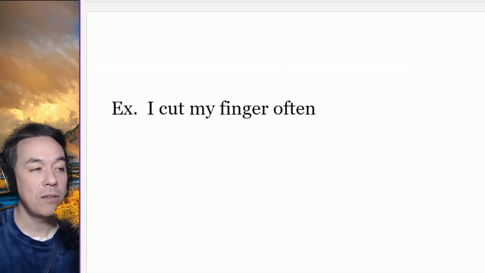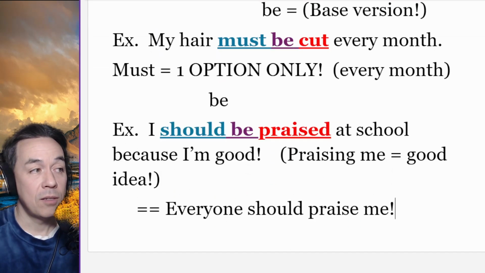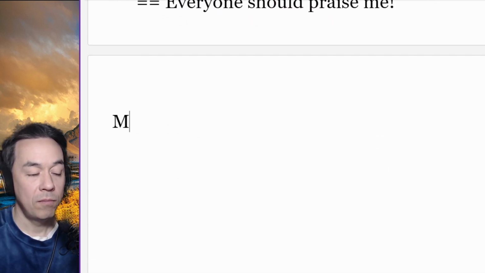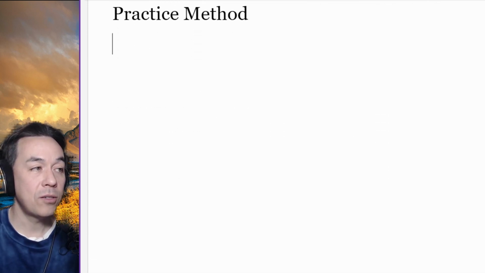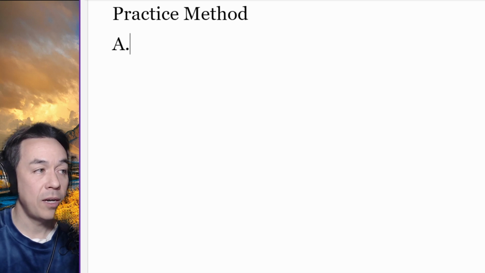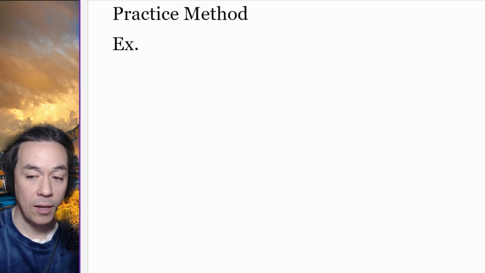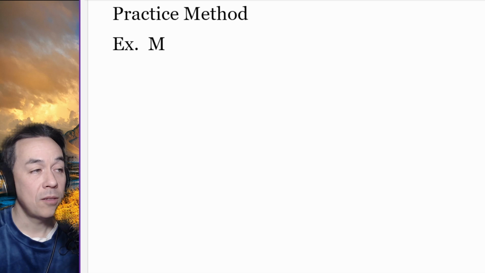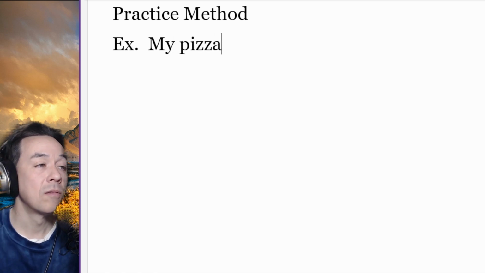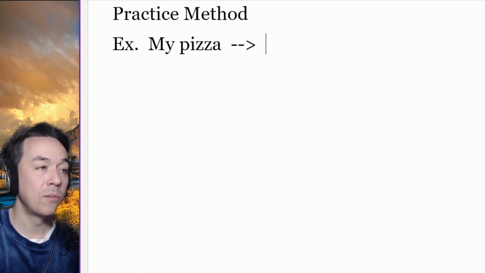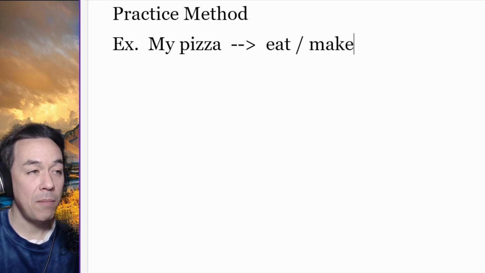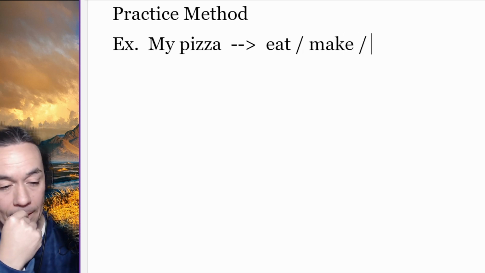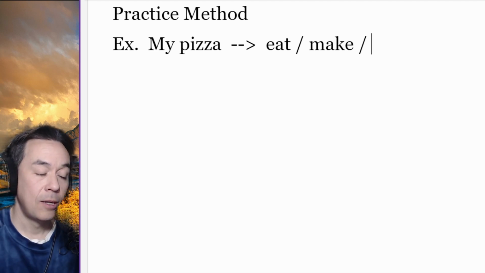All right. Now let's give you some advice. How about some practice method? Let's say start with something. Start with an item. Let's just go back to my pizza. Okay, now what are the usual verbs? Pizza. We've got eat. We've got make. How about deliver?